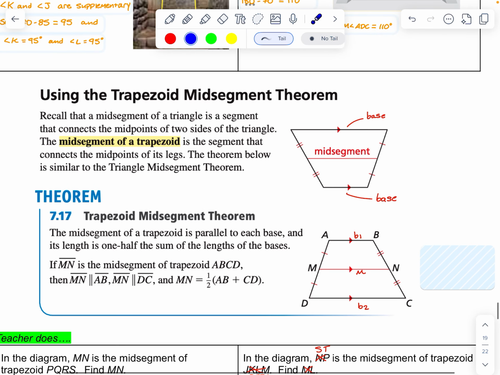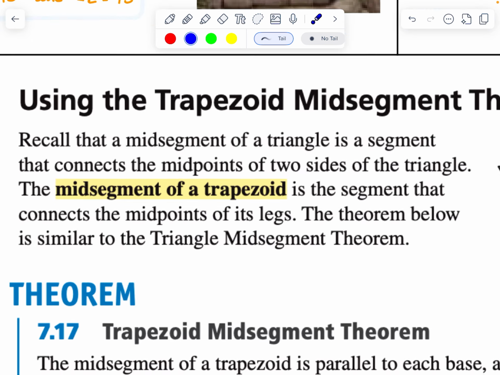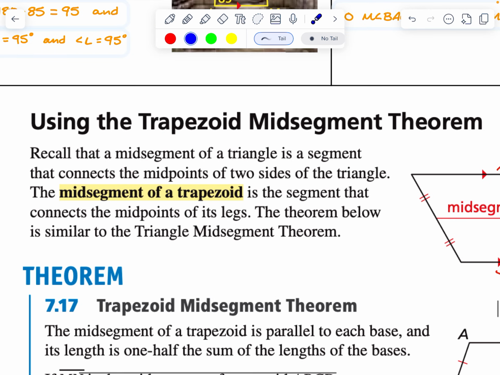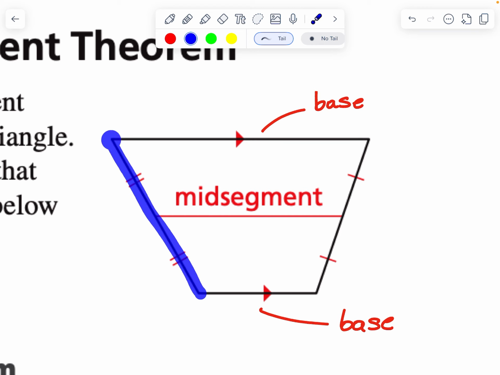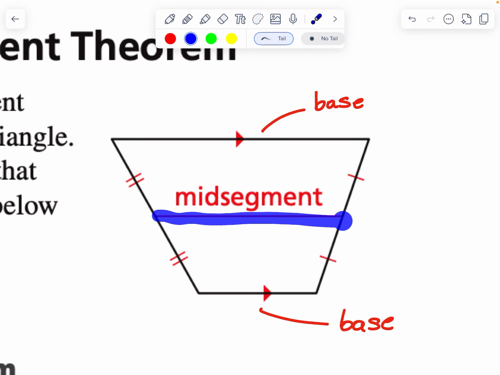Okay. Now we are going to talk about the mid-segment of a trapezoid. The mid-segment of a trapezoid is the segment that connects the two midpoints of the legs, right? So I have one leg here, one leg here. The mid-segment is in the middle of each of those legs.